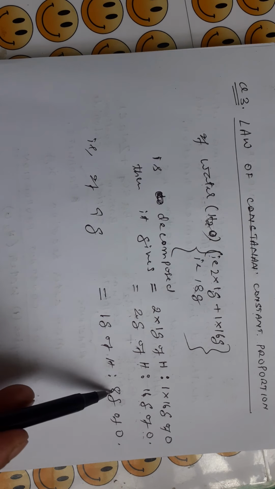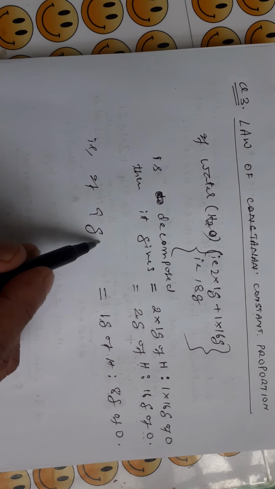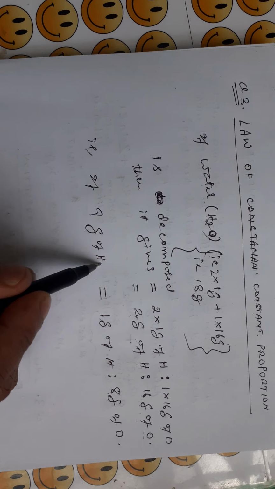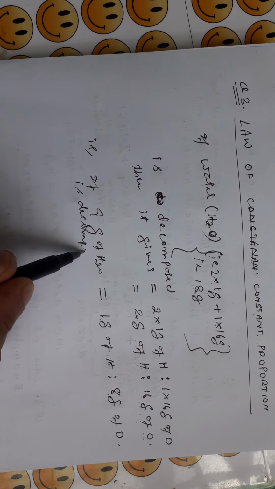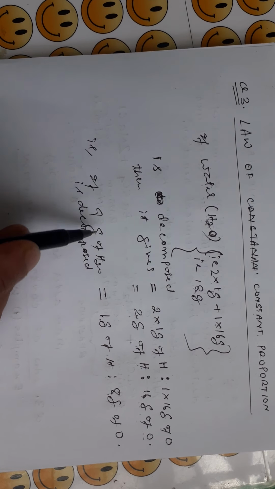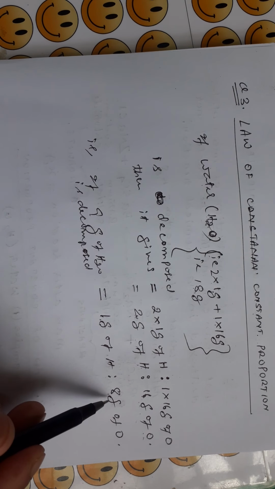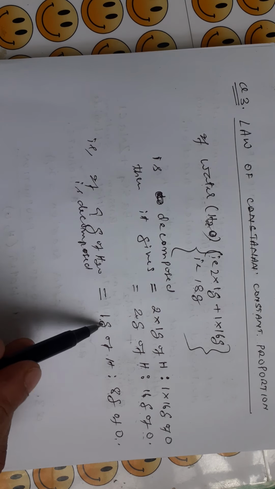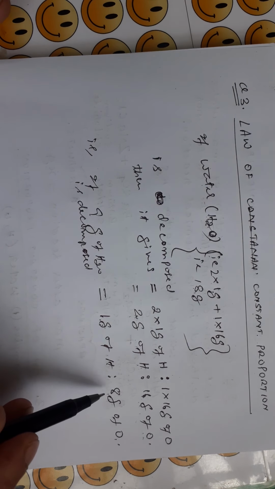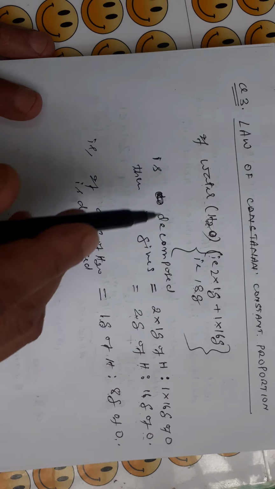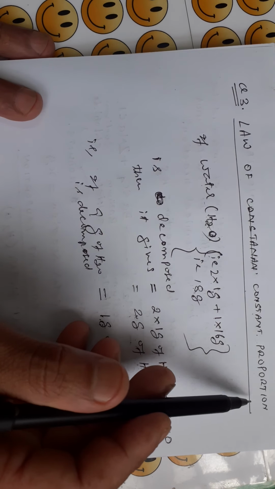When you take 8 plus 1, 9. Okay, 9 gram of water is decomposed. So when 9 gram of water is decomposed, we will get 1 gram combined with 8 gram of oxygen. Never 1 gram of hydrogen combined with 9 gram or 10 gram. No, it's a fixed number. Okay, that is the meaning of law of constant proportion.